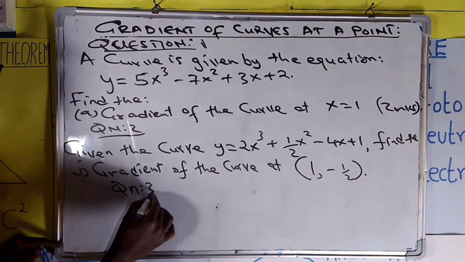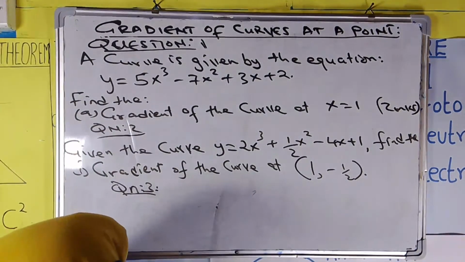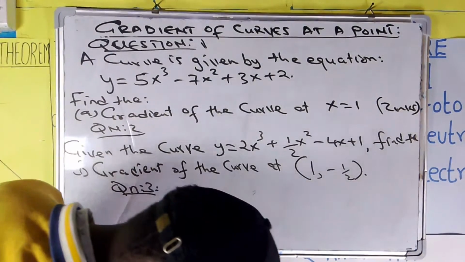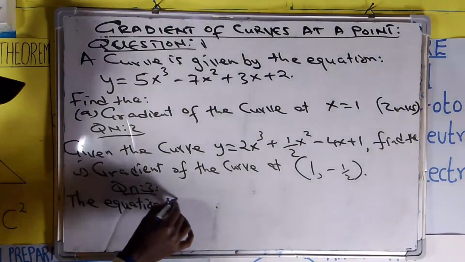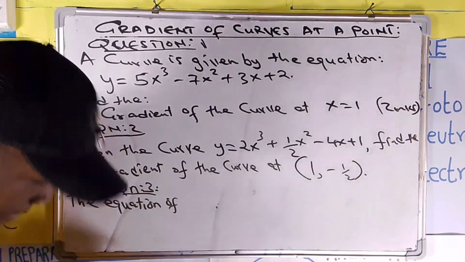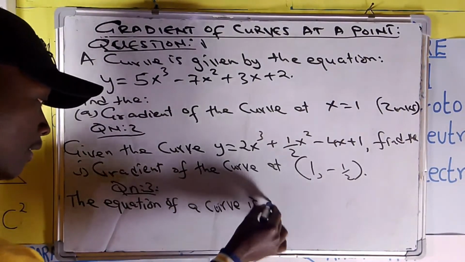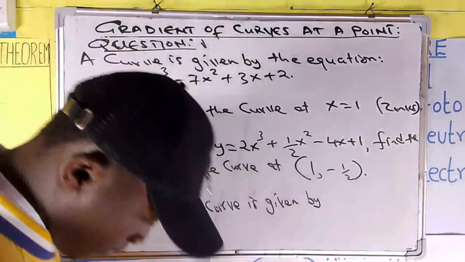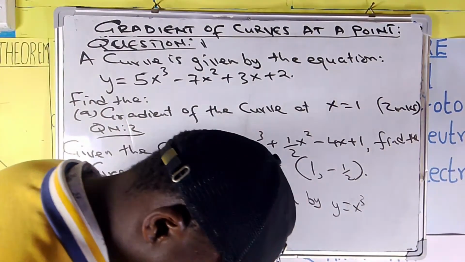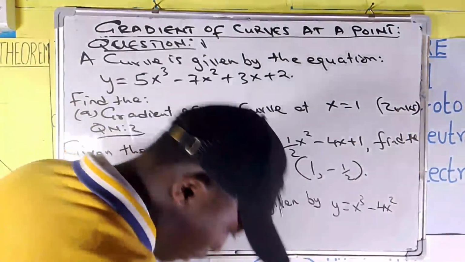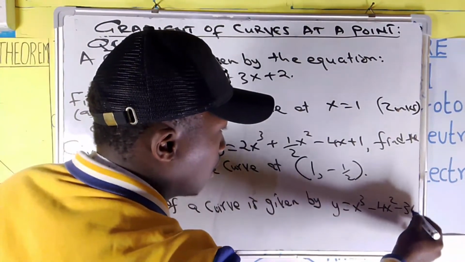And question 3, the equation of the curve is given by y is equal to x cubic minus 4x squared minus 3x.